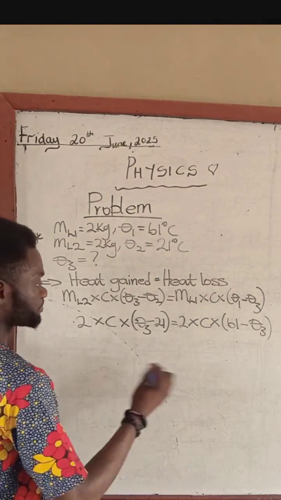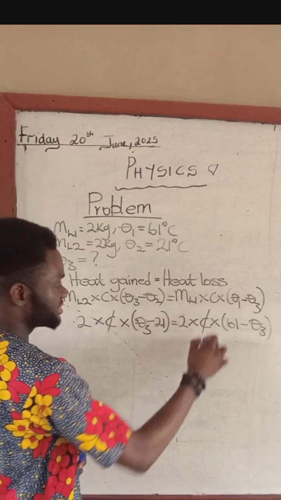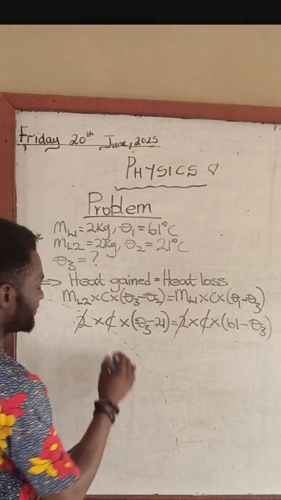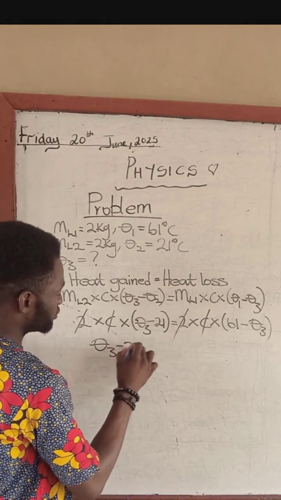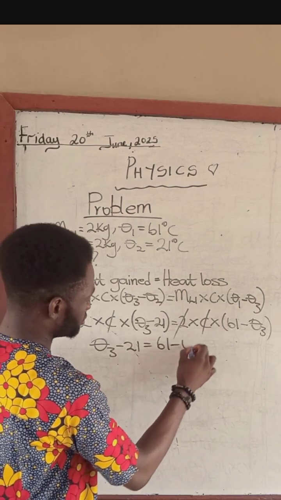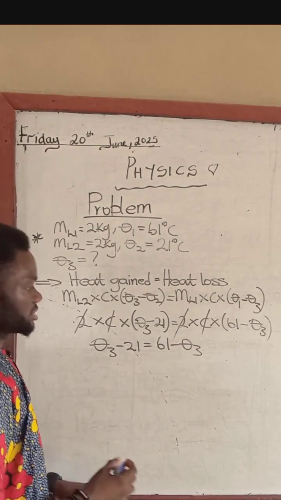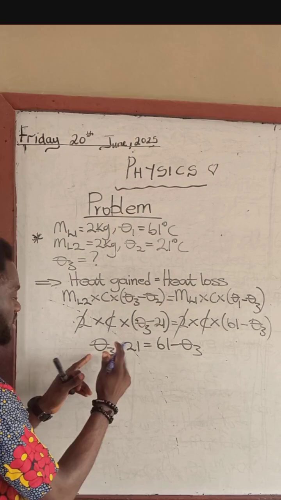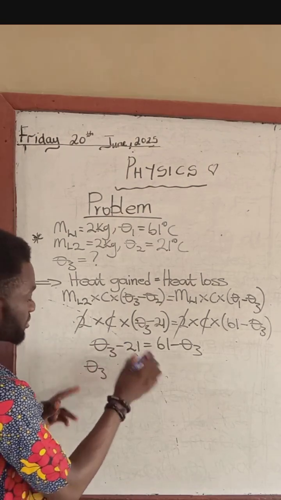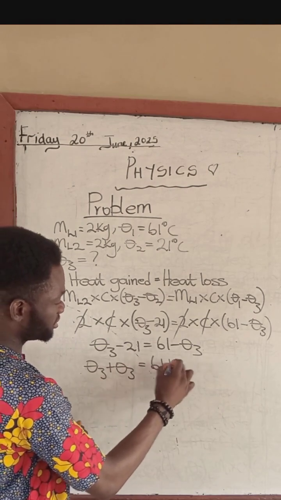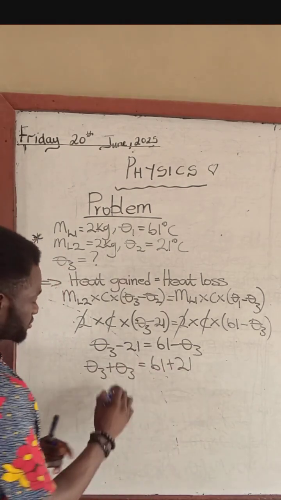So from here, we cancel out C, and we cancel out 2. At the end of the day, I have that theta 3 minus 21 is equal to 61 minus theta 3. Collecting terms, theta 3 plus theta 3 equals 61 plus 21.